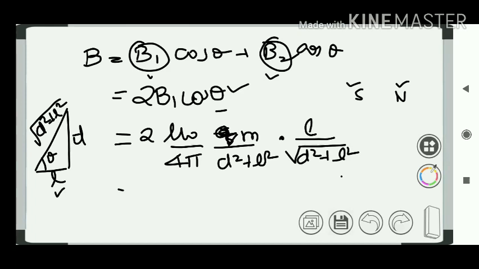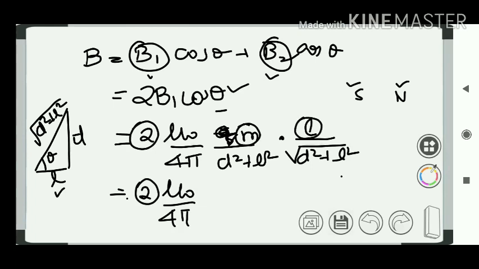So it becomes 2 mu 0 by 4 pi. Here itself there is 2, or I can say 2 into m into L. I can write it as pole strength if you want. M into 2L. So not pole strength, magnetic moment. So I will write it as m. And in the denominator side, it is 1 by 2, right?